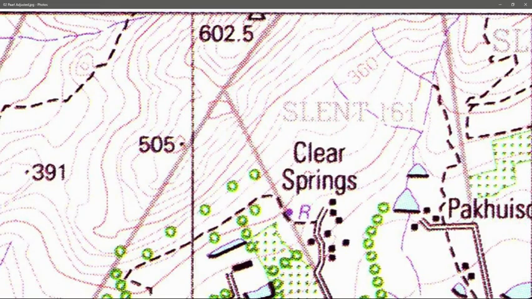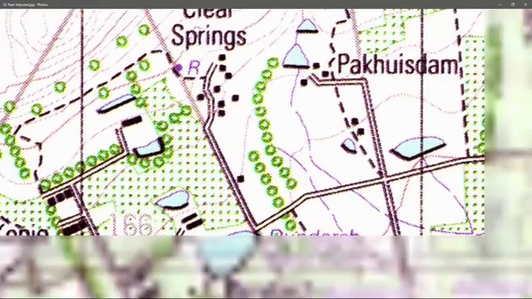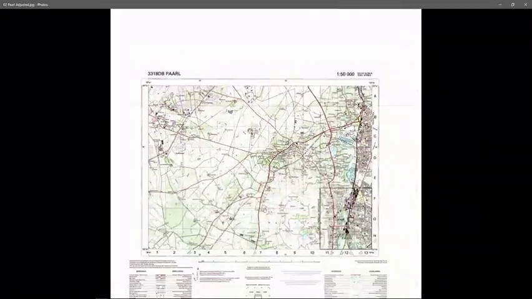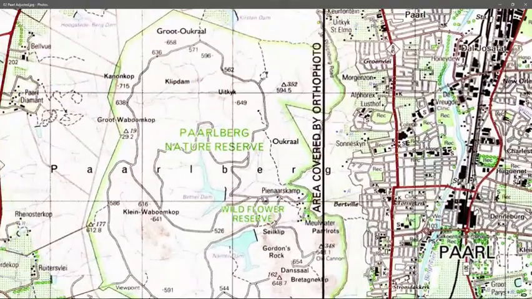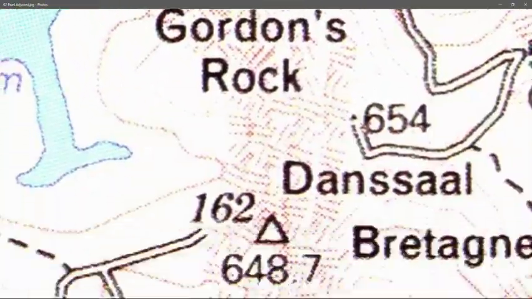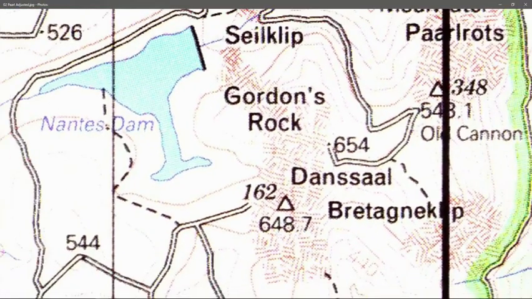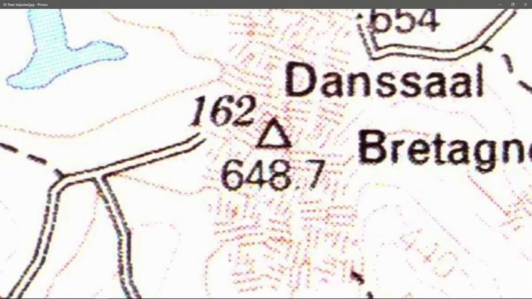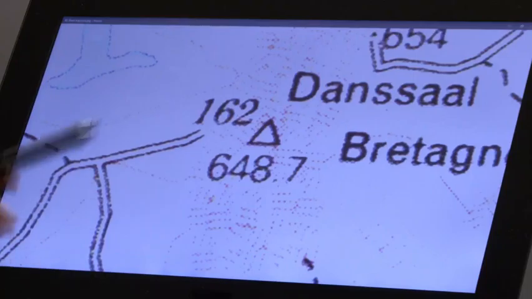We have a mountainous area, especially if we move further down in the map. Over here, this section, we have granite domes. That's big, massive batholiths that are being exposed to the surface.